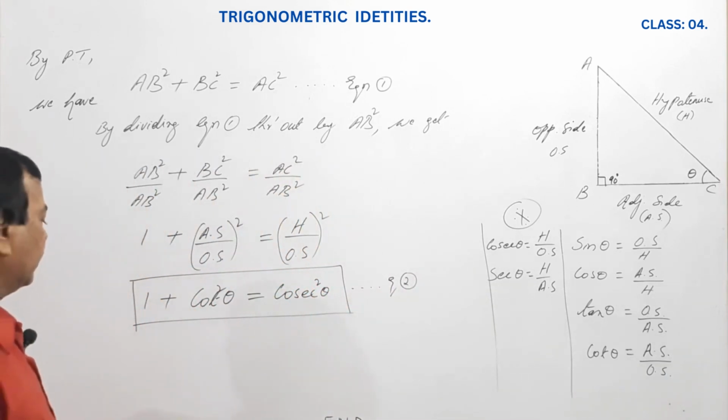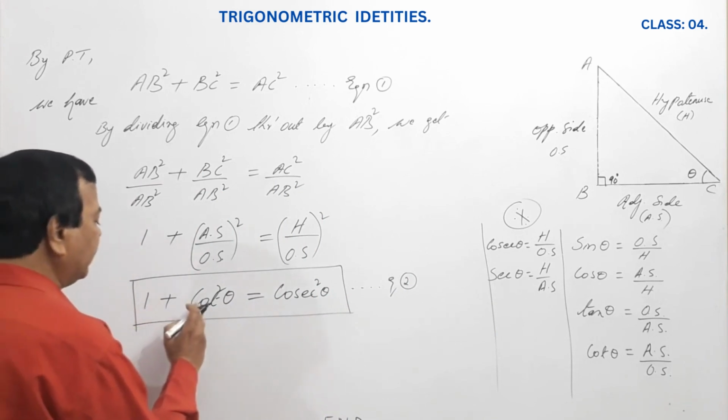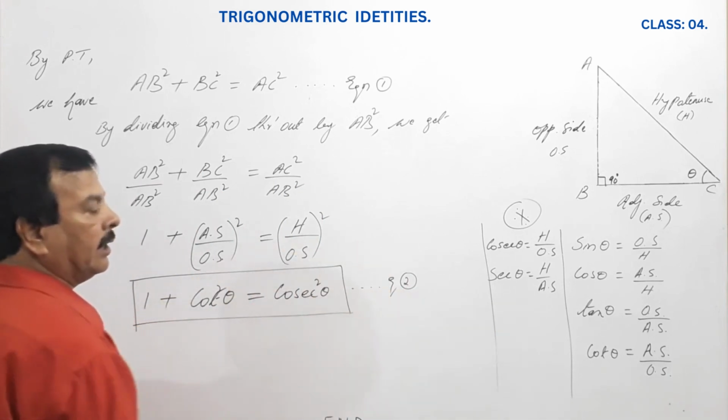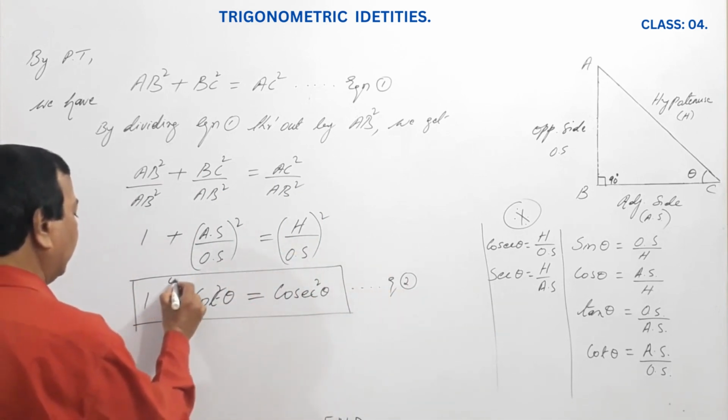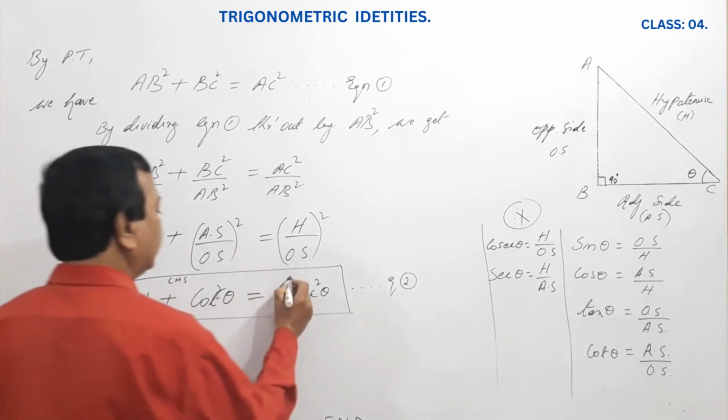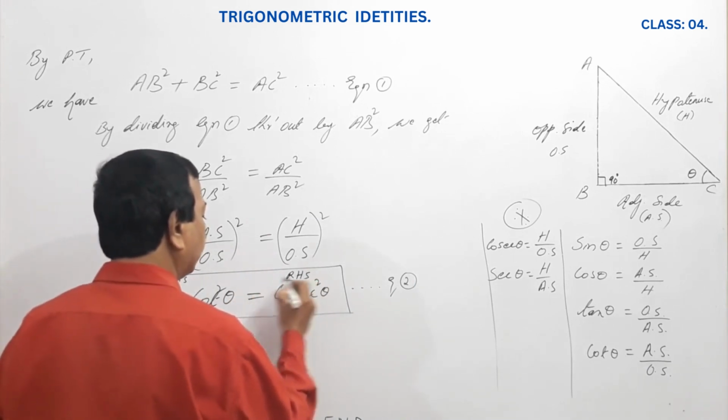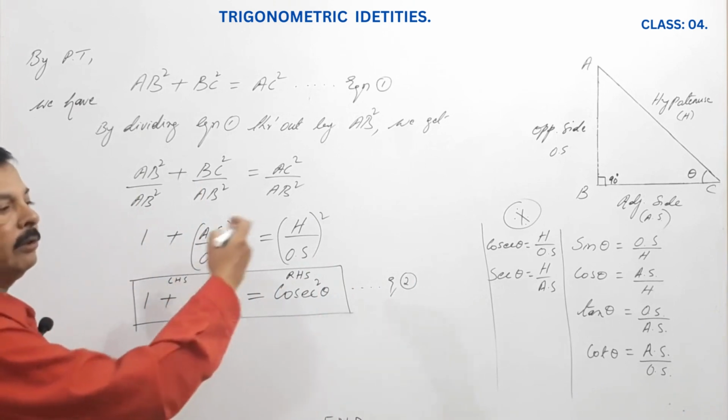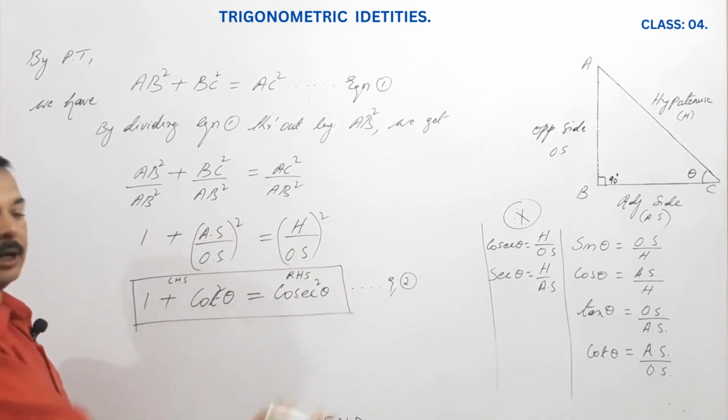What I will do is, I will try to shift this one to the right hand side. So this is our LHS and this is RHS. I shift 1 to the right hand side.